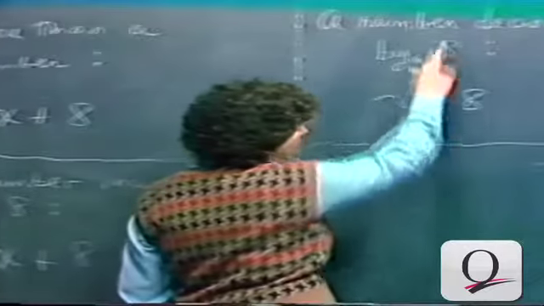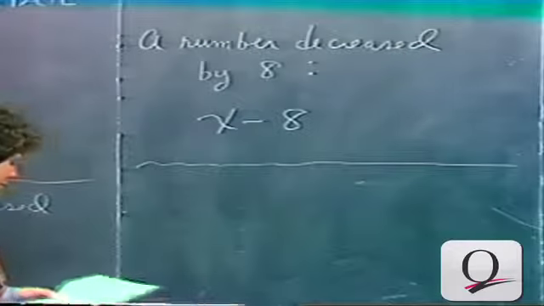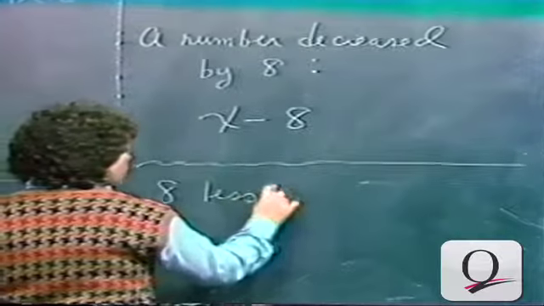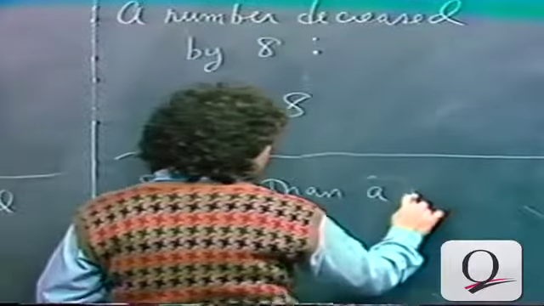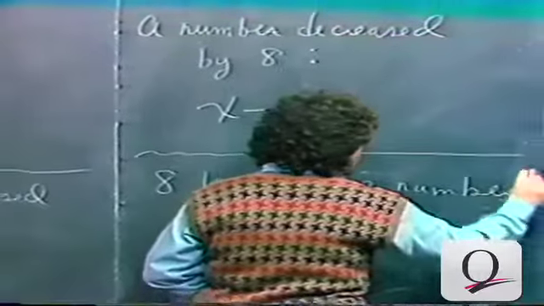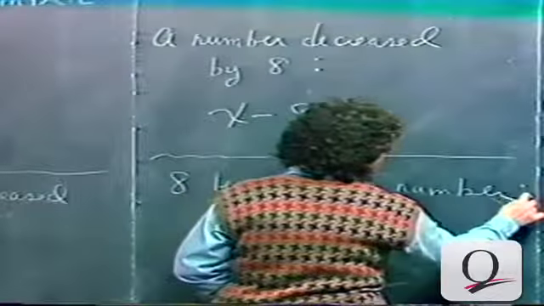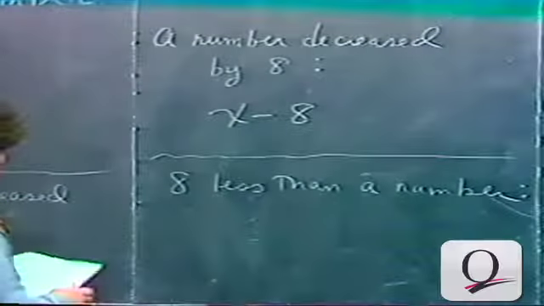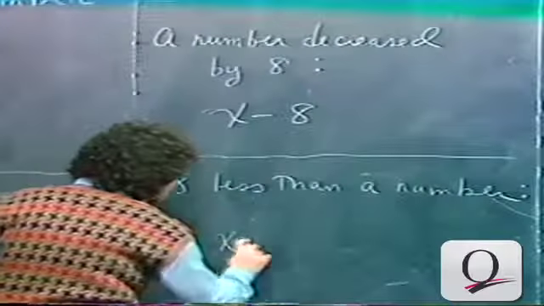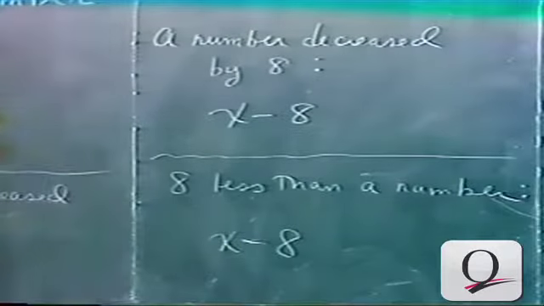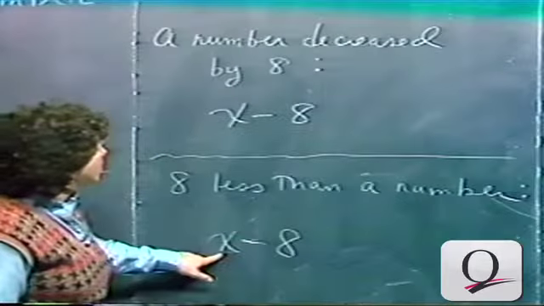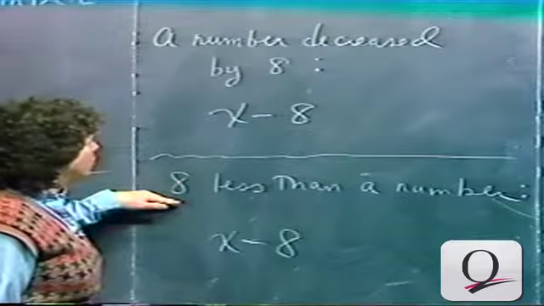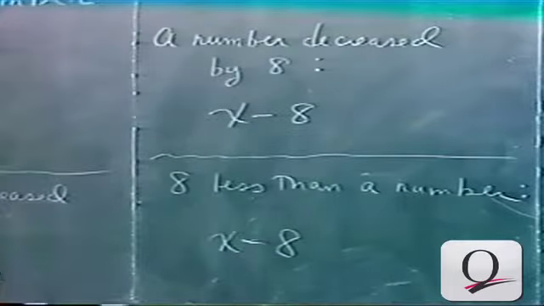A number decreased by 8 translates to minus 8. 8 less than a number. Eight less than a number is also written x minus 8. 8 less than the number x, or the number decreased by 8. So once again, we see two different English phrases giving rise to the same algebraic expression.